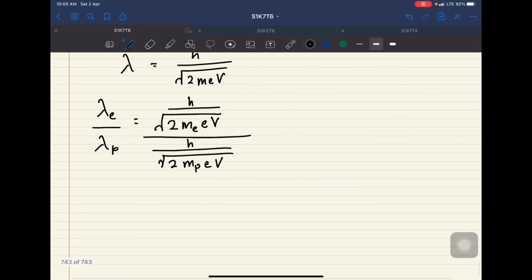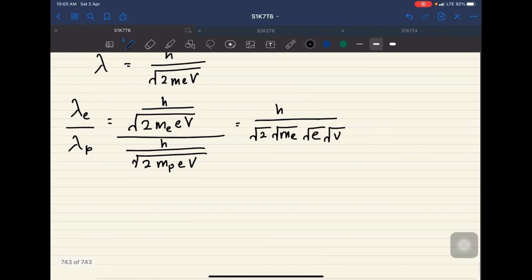I can rearrange this one. I mean, you can cancel out straight away, but I just want to rearrange so that you can see it better. And then remember, square root, you can separate it into different terms, multiplied like this. I just want to show you how to cancel it out.